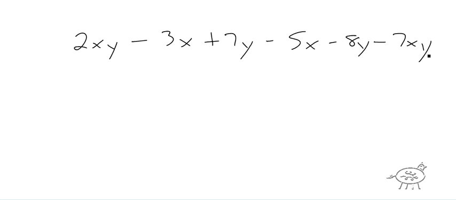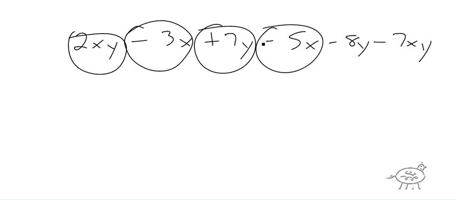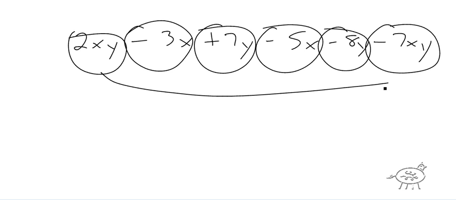Whew, kind of complicated looking, but not really, because again, it's not a bad idea to circle the number or the term with the sign. So I'm going to do 2xy minus 7xy because these are like terms. So 2 minus 7 is the same thing as 7 minus 2, which is 5. 7, the bigger number, is negative, so it's negative 5xy.